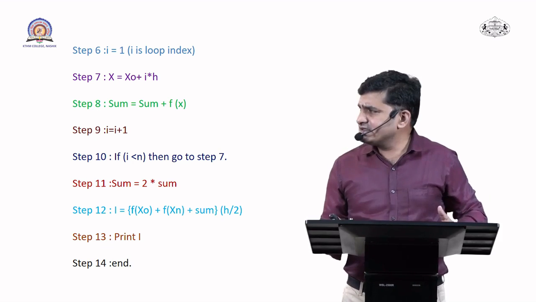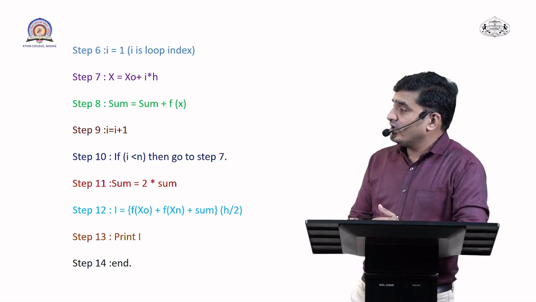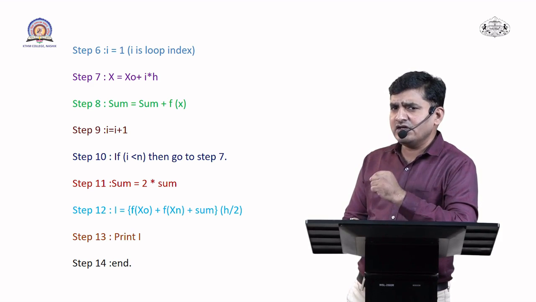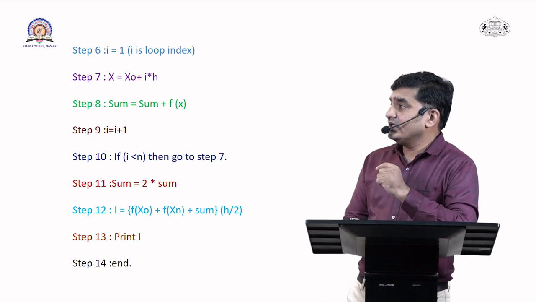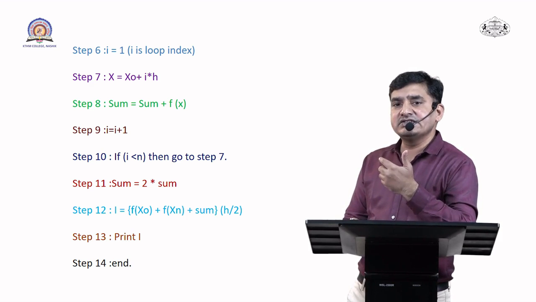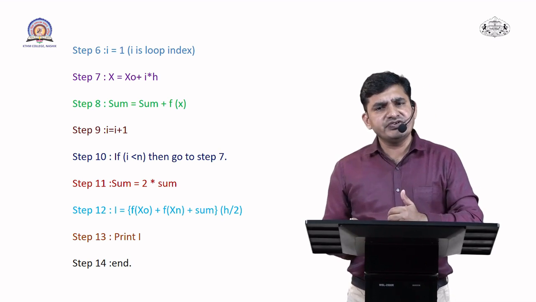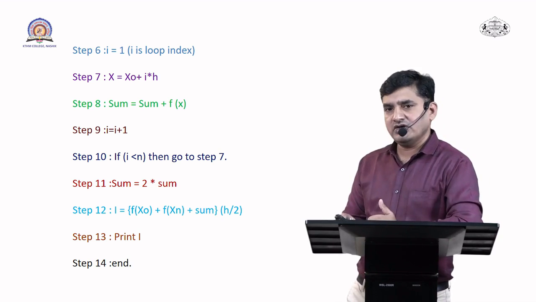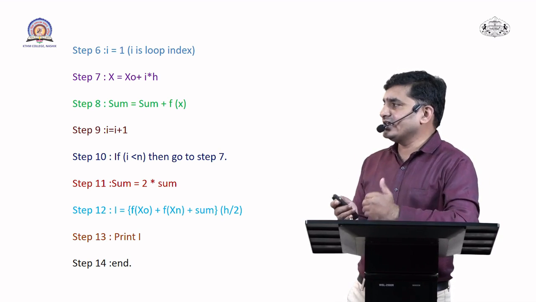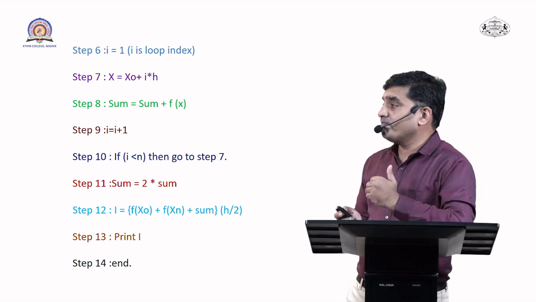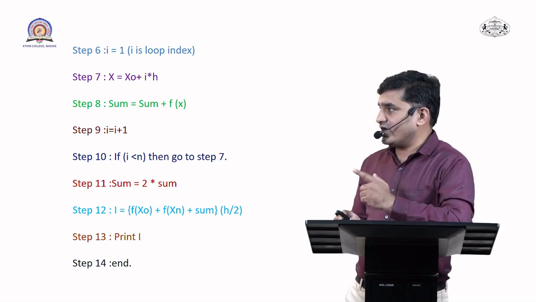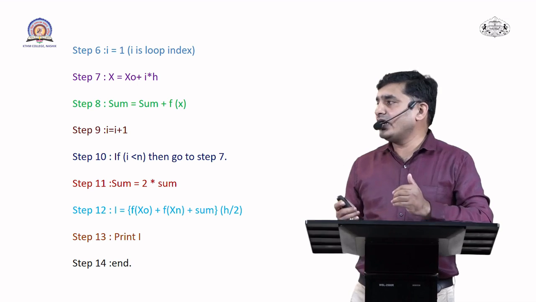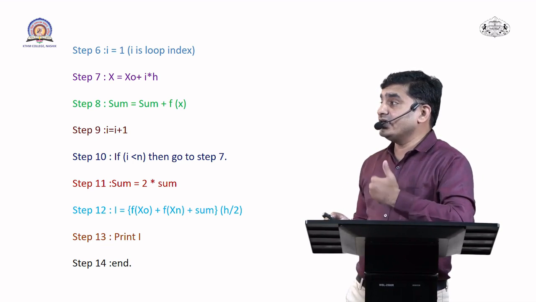Step 7 is x is equal to x0 plus i into h, where x0 is the lower limit, the value of i is 1, and h is the step size. That is x is equal to x0 plus 1 times h, where h is xn minus x0 divided by n, so that we get the second step.